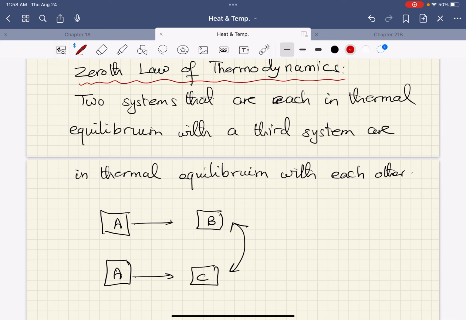If I have, let's say, a thermometer that measures the temperature of B to be a number, and then the thermometer is also used to measure C, and we have the same reading, then we know that B equals C. The temperatures are really equal.